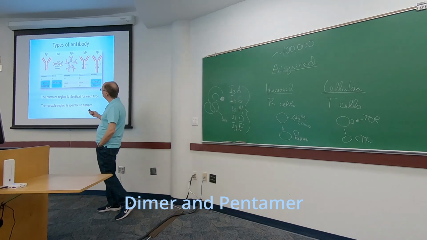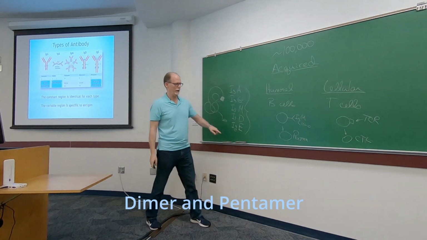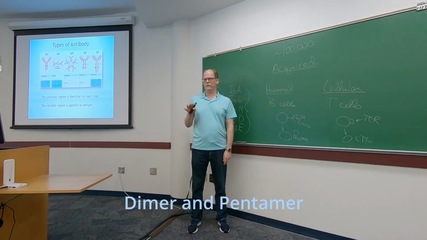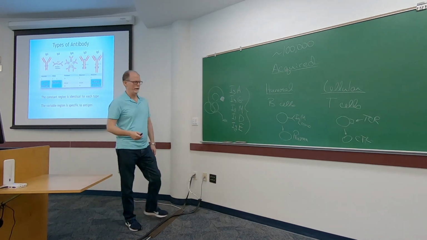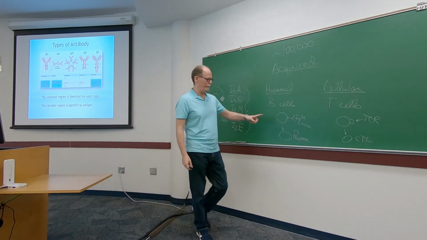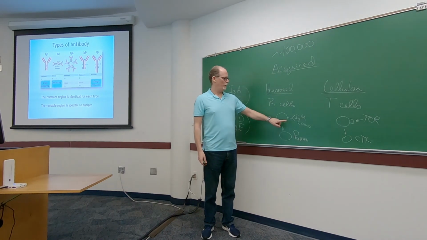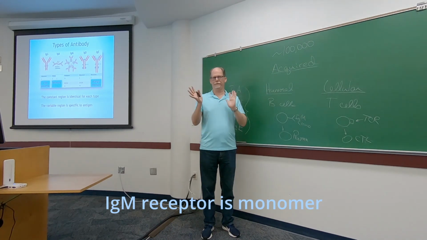So there's 2 of them stuck together here, and when plasma cells make IgM, there's 5 Igs. They can bind to 10 antigens, 1 molecule. If you have IgM, don't confuse when a plasma cell secretes IgM with when IgM is used as a receptor. They're 2 different scenarios.